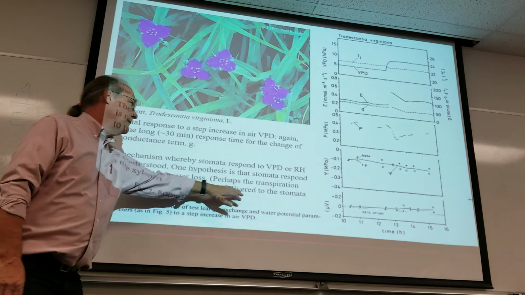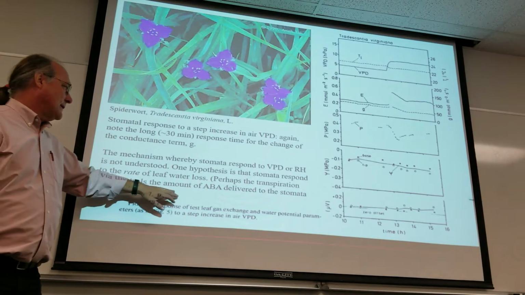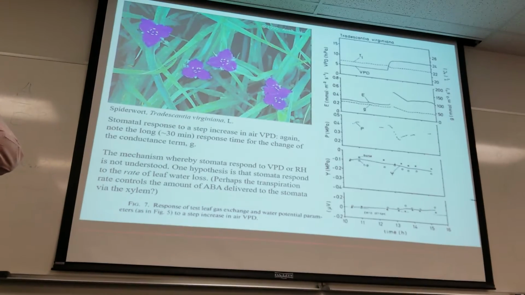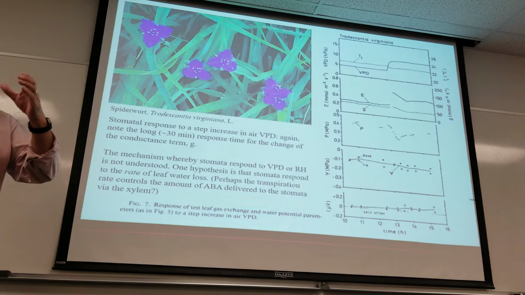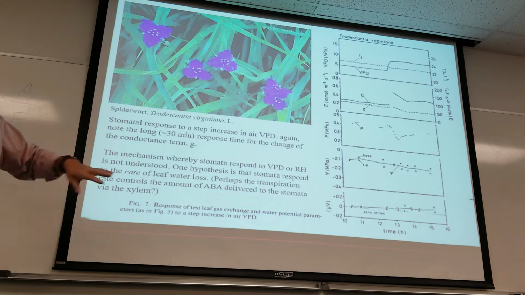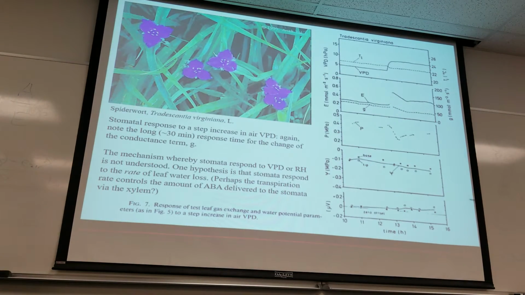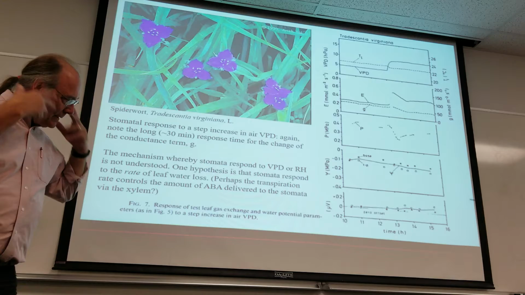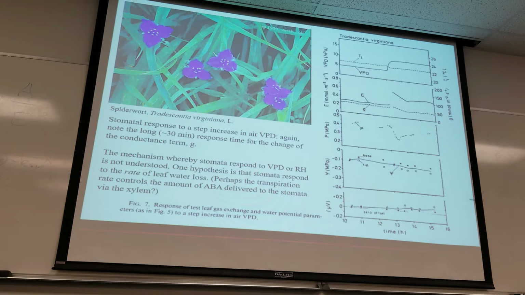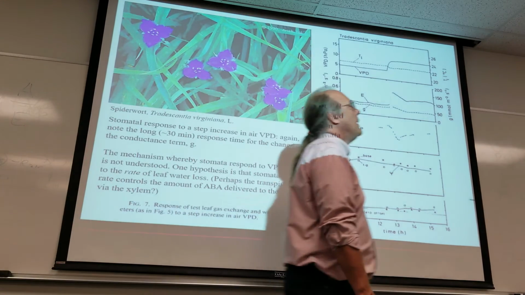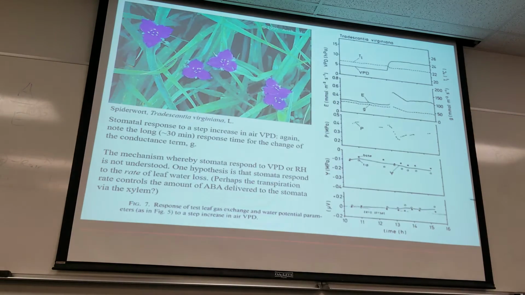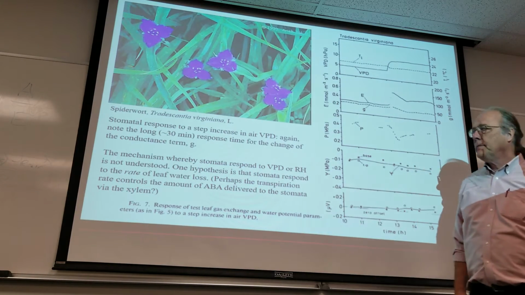You can think maybe the transpiration rate controls the amount of ABA delivered to the stomata. Higher transpiration rate, more ABA going to the stomata, and ABA closes stomata. We'll talk about that next time. But you can convince yourself one way or the other that this is true. Anyway, mechanism totally unknown, right?